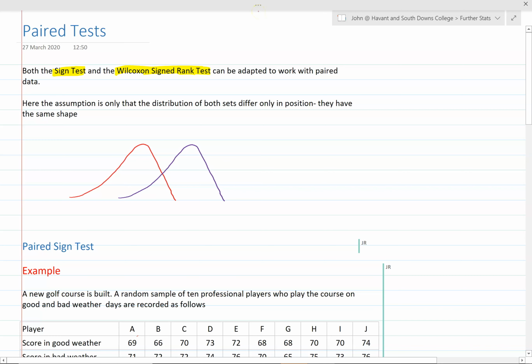If you think about it, if we were to look at the difference between sets of observations from these two, then that would be symmetrical.